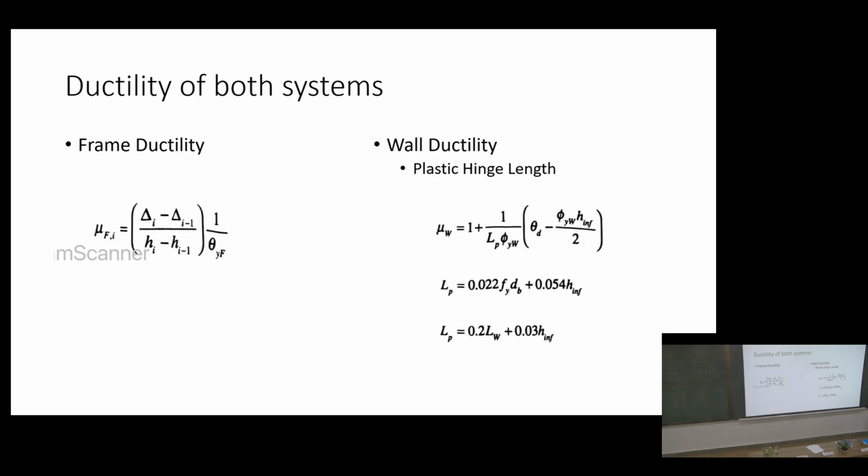But since we're dealing with reinforced concrete, the plastic hinge length is based on the yield strength of your steel, the diameter of the rebar, and the height of inflection. Or it's based on this other formula.